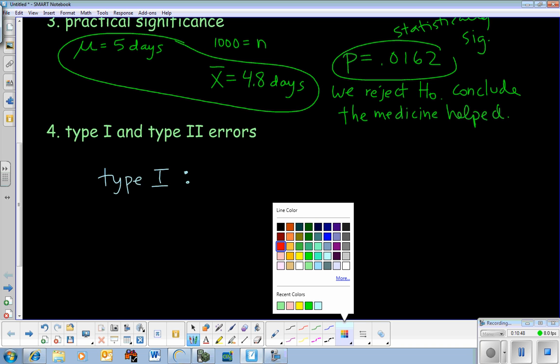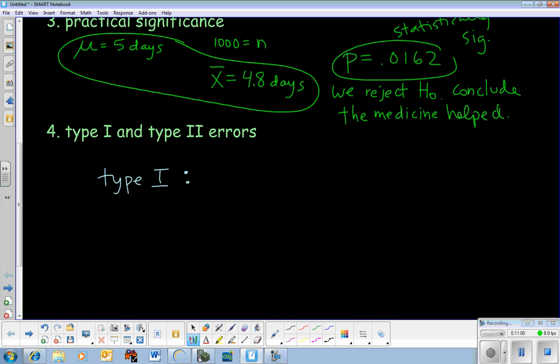This is the likelihood of getting what we got if in fact the null were true. It's possible 5% of the time. A type 1 error is when you reject the null when it's true. And that will happen.